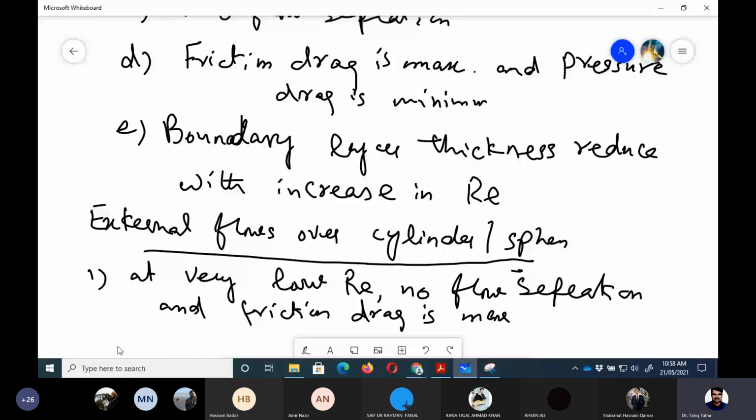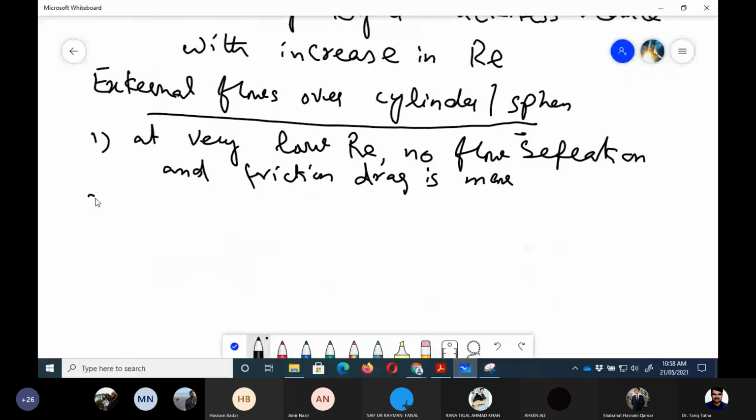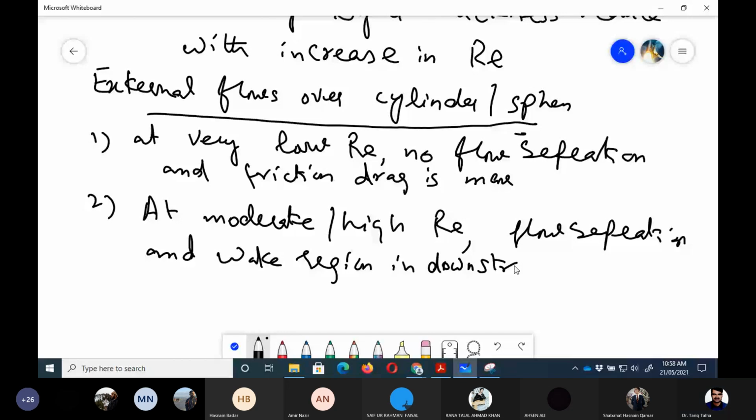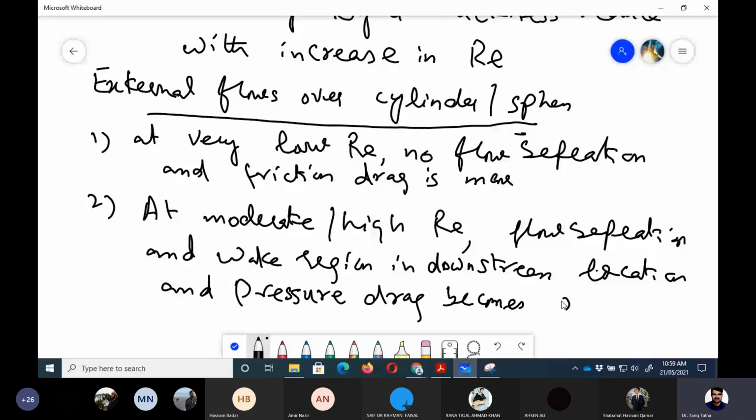Then at moderate to high Reynolds number, there is flow separation and wake region in the downstream location, and pressure drag becomes dominant.